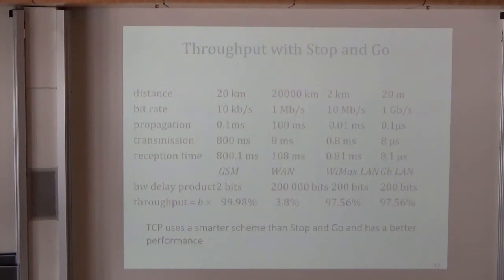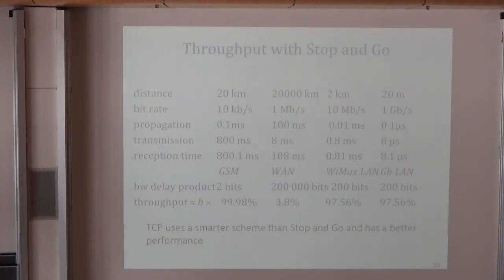Or in the last 3 and 4 cases where things are good, but the propagation time is small, then we find that we lose very little because the time wasted in waiting for the acknowledgement plus the time spent in propagation is very small. So we are close to 99, 97, 98%. In the second case, when I'm transmitting to New Zealand, I have 3.8%, which means this protocol doesn't work.